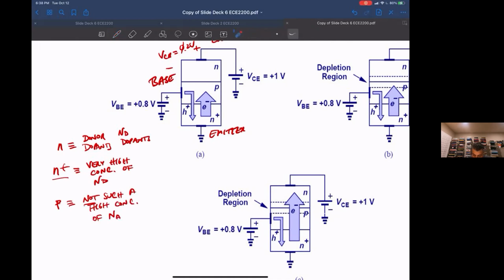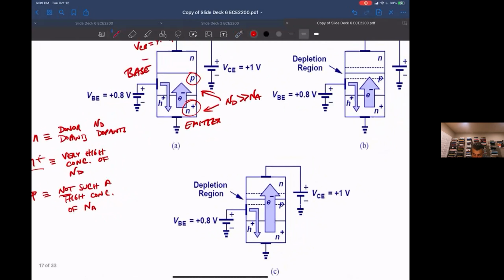Okay, so when we draw something like N plus P, it means this guy's doping concentration is much higher than the base's doping concentration. So basically this implies that N sub D is much higher than N sub A. Again, it means that for, say, every hole going across here, you might have 100 times more electrons going this way, or 1,000 times more.